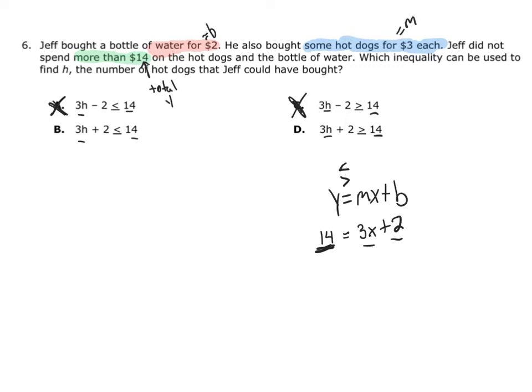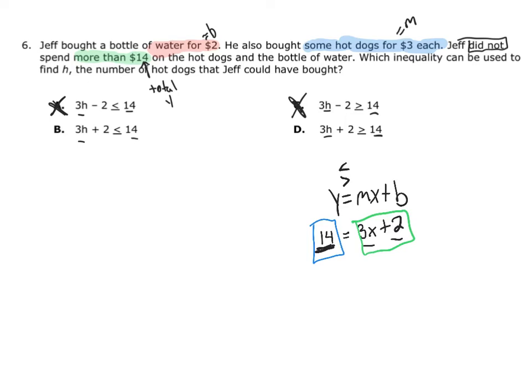So he did not want to spend more than $14 on the hot dogs and bottle of water. So what that means is right here, 3x plus 2 cannot be more than 14, our total. So I have to figure out which way my sign goes.